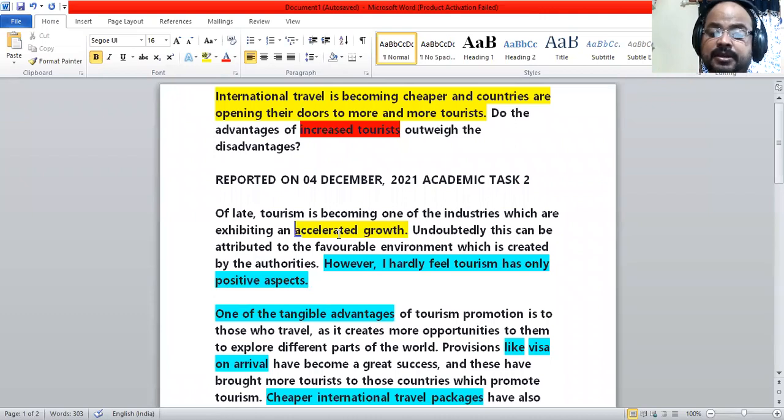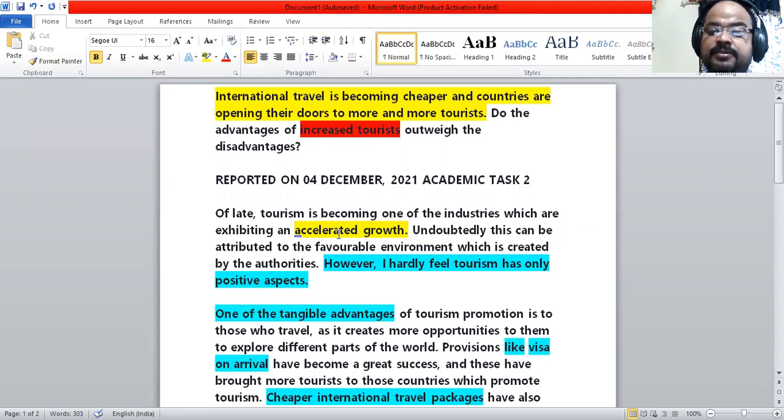Undoubtedly, this can be attributed to the favorable environment which is created by the authorities. There is no doubt we have the result of an increased number of tourists just because of the favorable environment which is created by the governments.